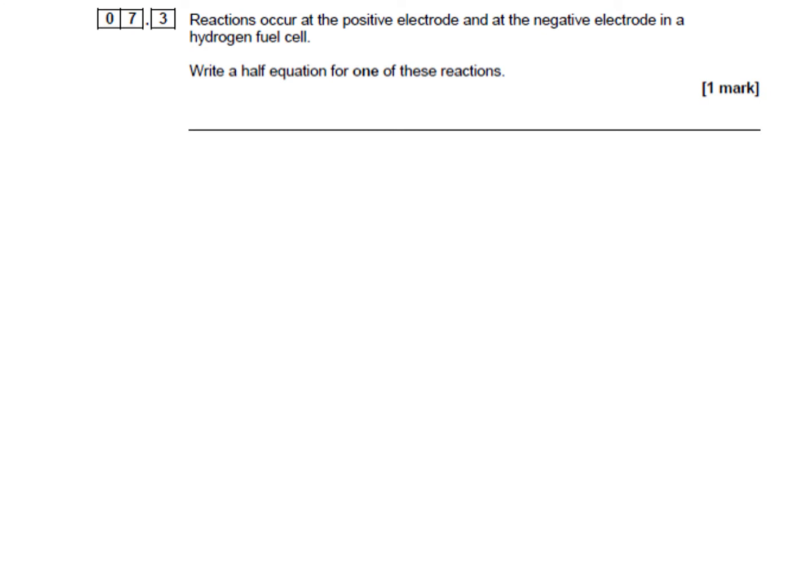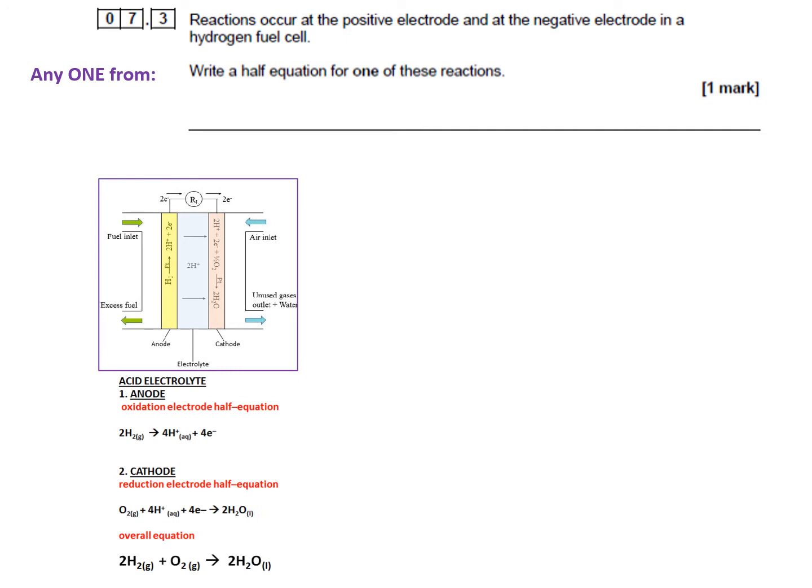Reactions occurring at the positive electrode and at the negative electrode in a hydrogen fuel cell, you need to choose one or the other. So we can choose either the positive or the negative. At the anode we see oxidation, at the cathode we see reduction. If we have an acid electrolyte, this is what we'd see, those funny little question marks are the arrow for the reaction.